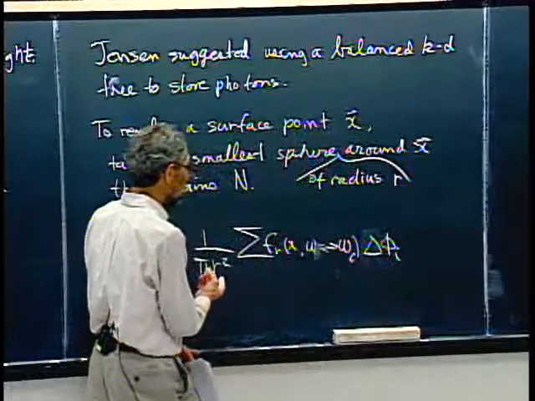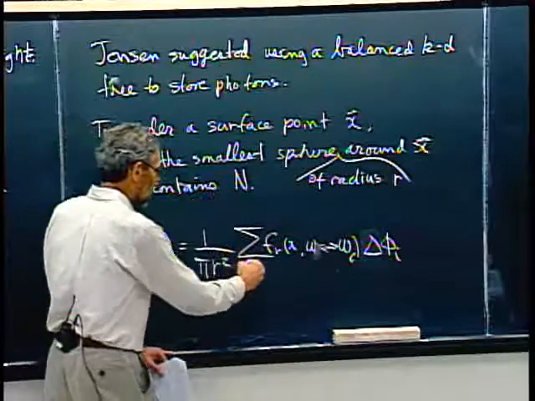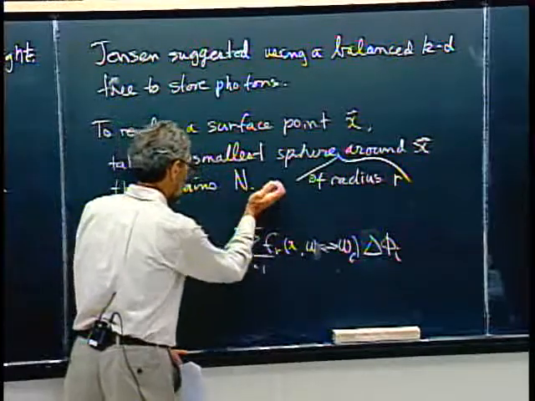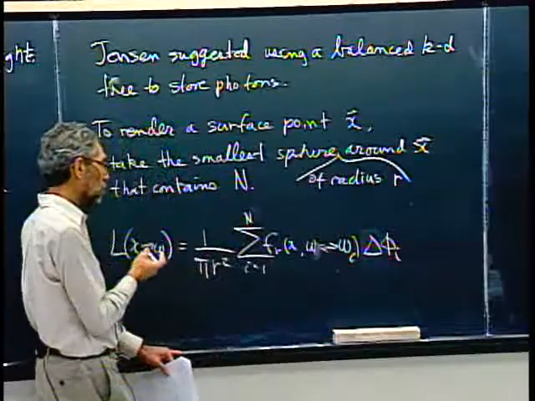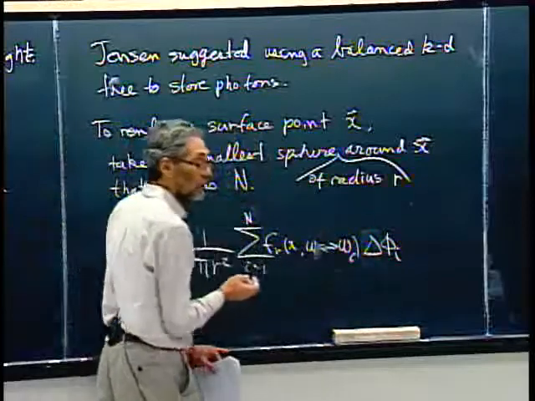So the positions were needed to figure out what this is, say, i equals 1 to n, where these n photons are, in order to get them close to the point X. And then if it's a diffuse surface, this is constant.